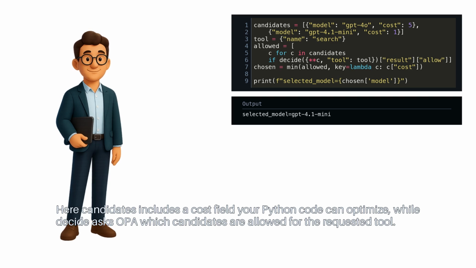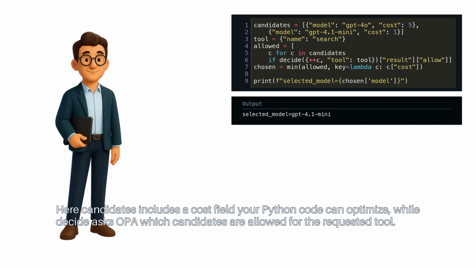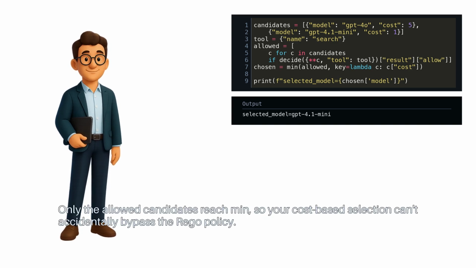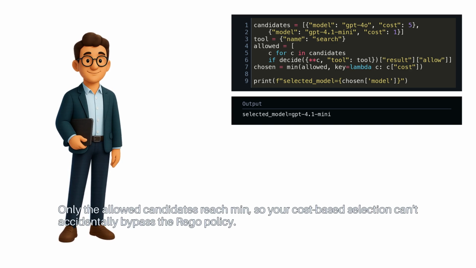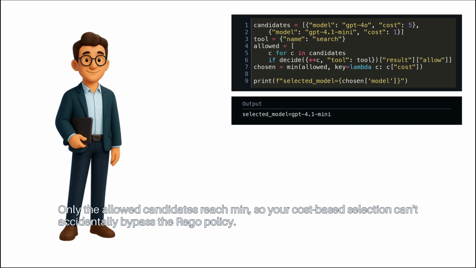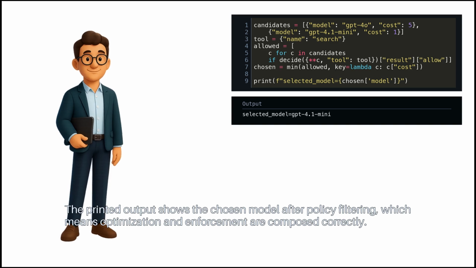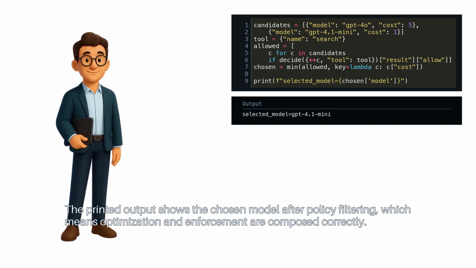Here, candidates include a cost field your Python code can optimize, while decide asks OPA which candidates are allowed for the requested tool. Only the allowed candidates reach min, so your cost-based selection can't accidentally bypass the Rego policy. The printed output shows the chosen model after policy filtering, which means optimization and enforcement are composed correctly.